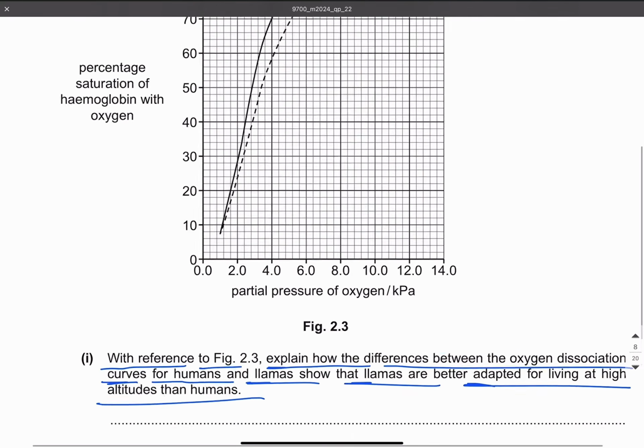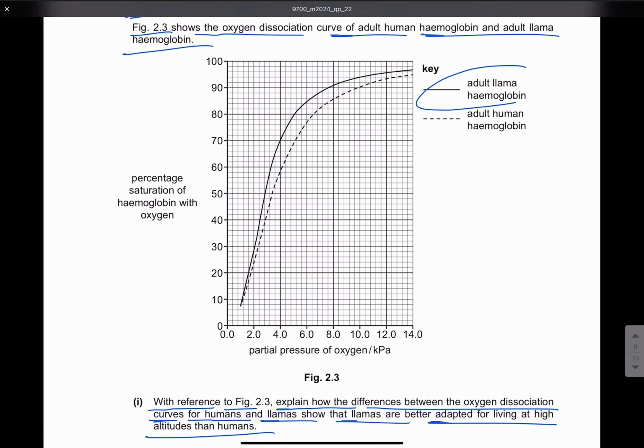So we can over here say that the adult llama hemoglobin has a higher affinity for oxygen as compared to the adult human hemoglobin, and this can be shown by the graphs. The adult llama hemoglobin dissociation curve is towards the left. We can also quote values.